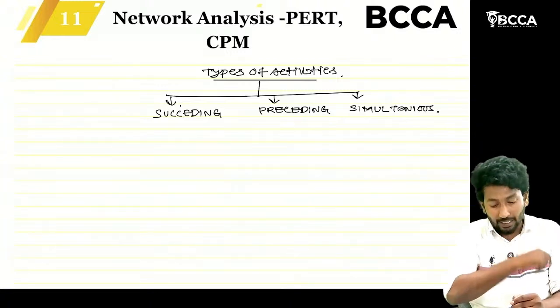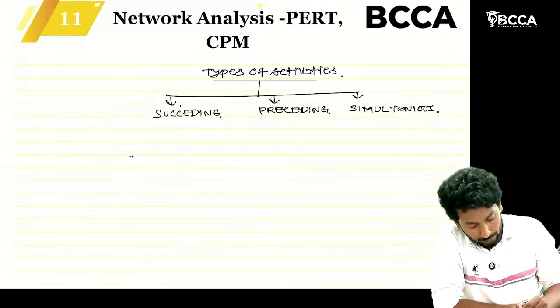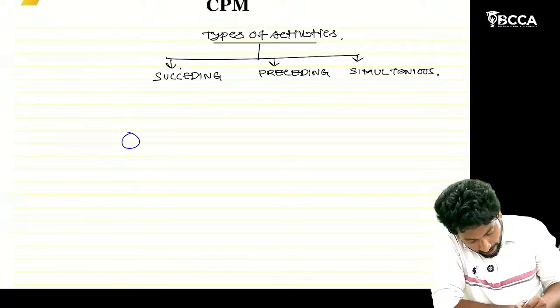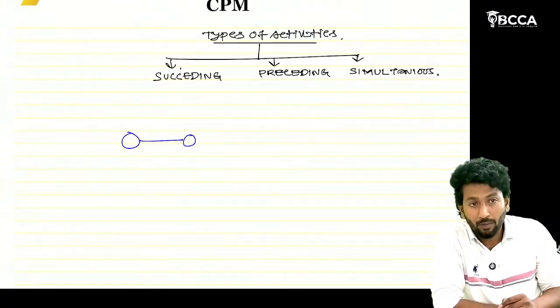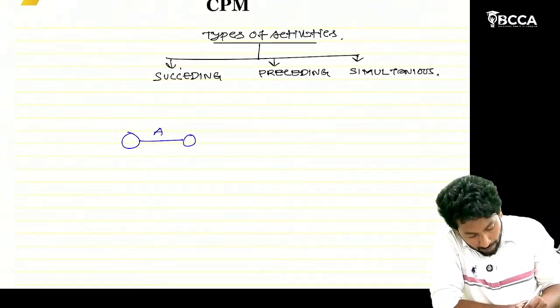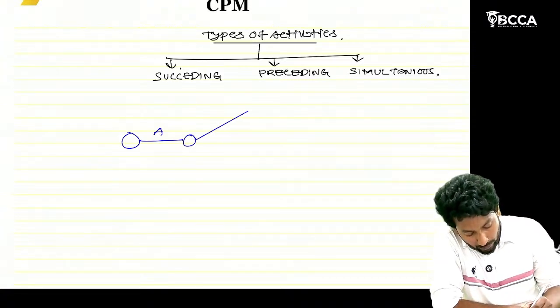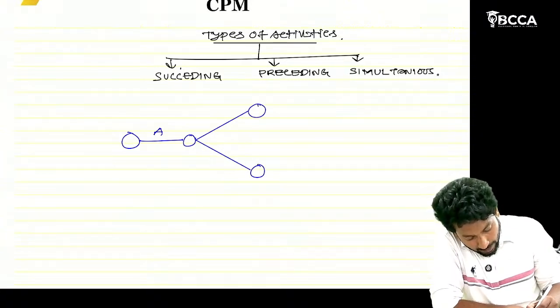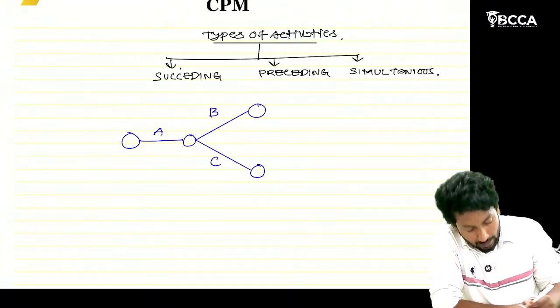Let us take an example: an activity A is there. After completing activity A, from its end point we can start two activities, let's say B and C.